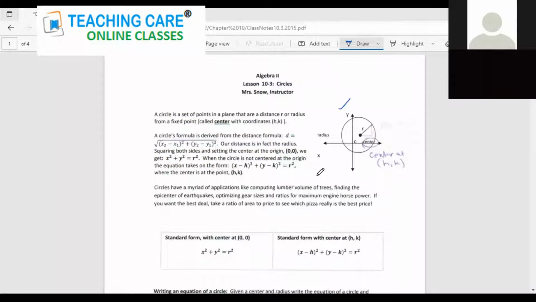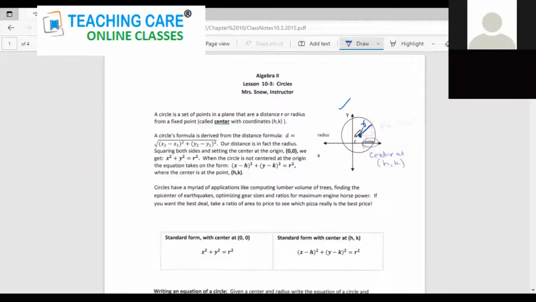As I told you, a circle is a set of points in a plane at a fixed distance. Here we consider the coordinate plane. If this is the center, take a compass and draw a circle; the distance from here to here is the radius.